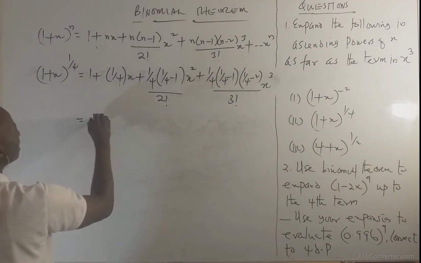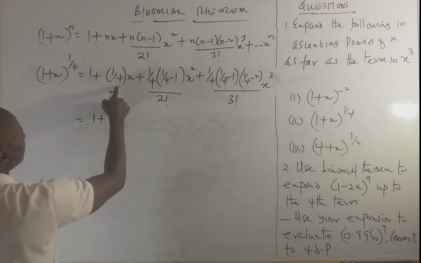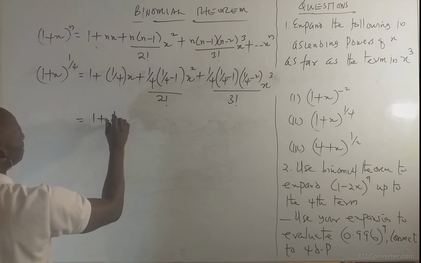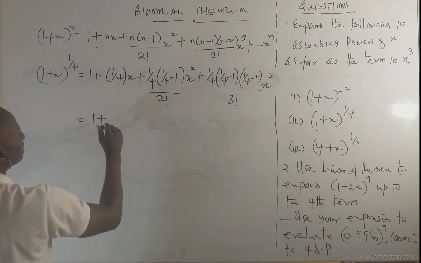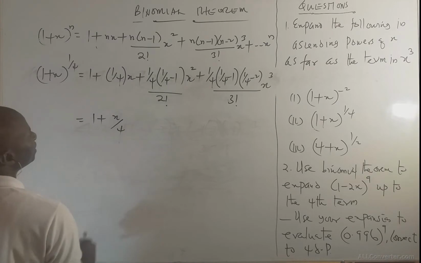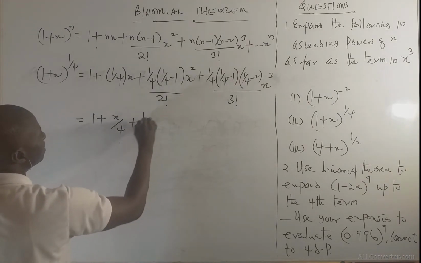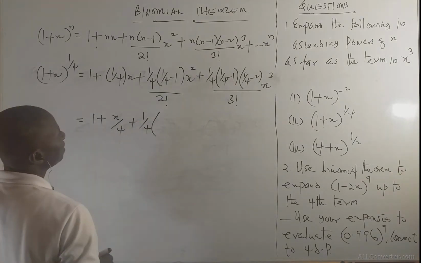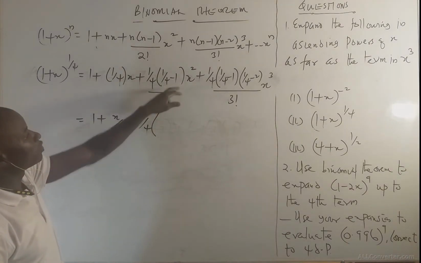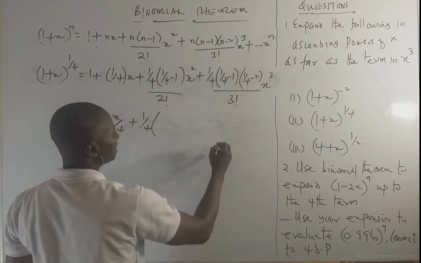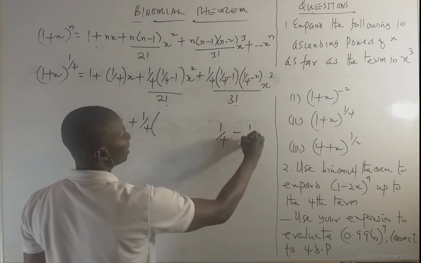So we have 1 plus 1 on 4 times x, and that will give us 1 on 4x, or x over 4, is the same thing. Then we have plus 1 on 4 here. Then we have 1 on 4 minus 1. Let's simplify this so that you can understand what is happening. We have 1 on 4 minus 1.